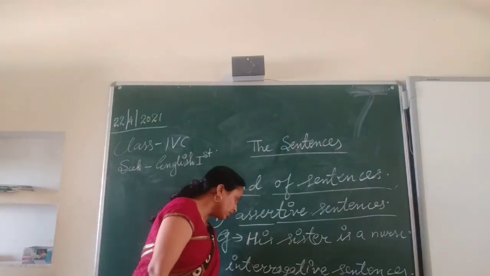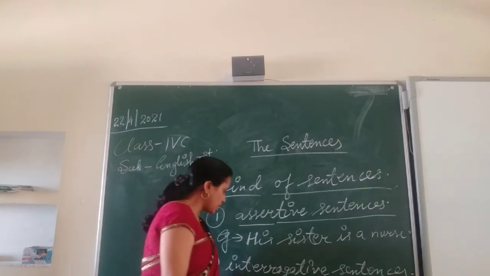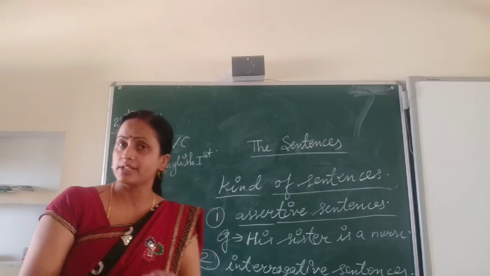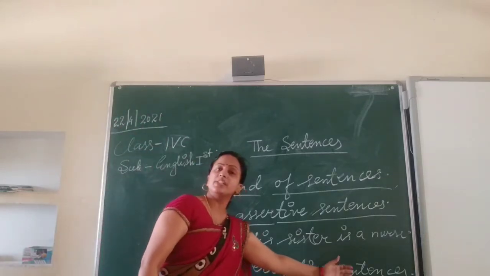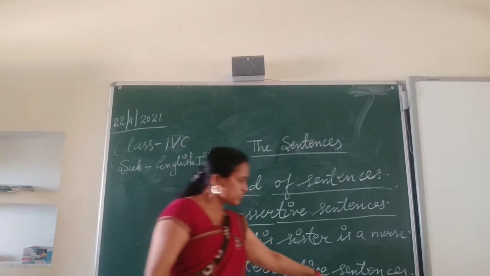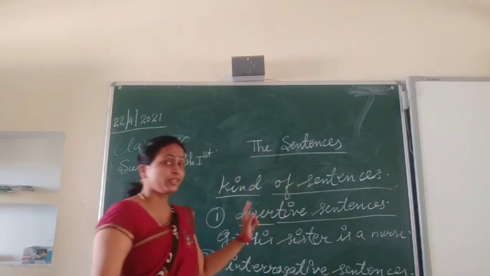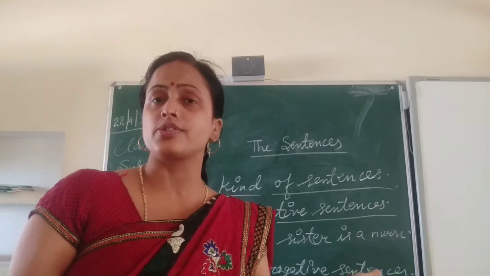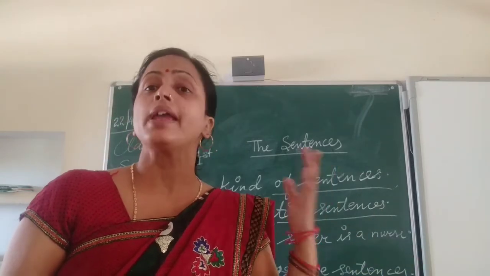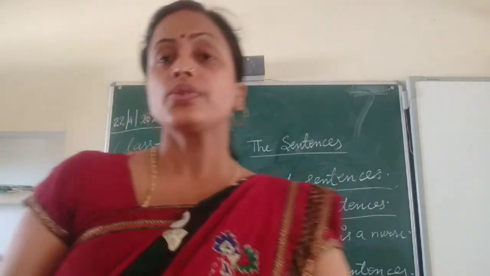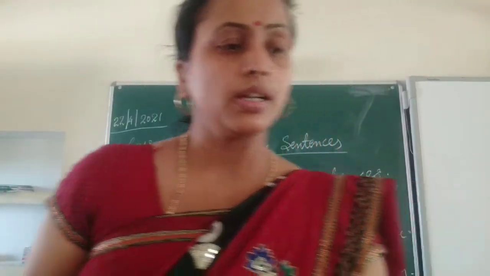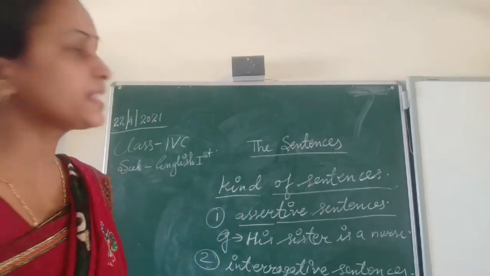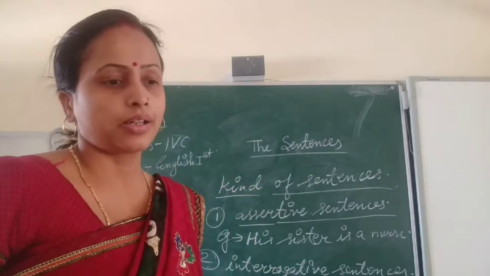It starts with a capital letter, as a sentence always does, and it ends with a punctuation mark. What is the punctuation mark here? The question mark. So this is an interrogative sentence. Hope you have understood this, the second kind of sentence, which always ends with a question mark.